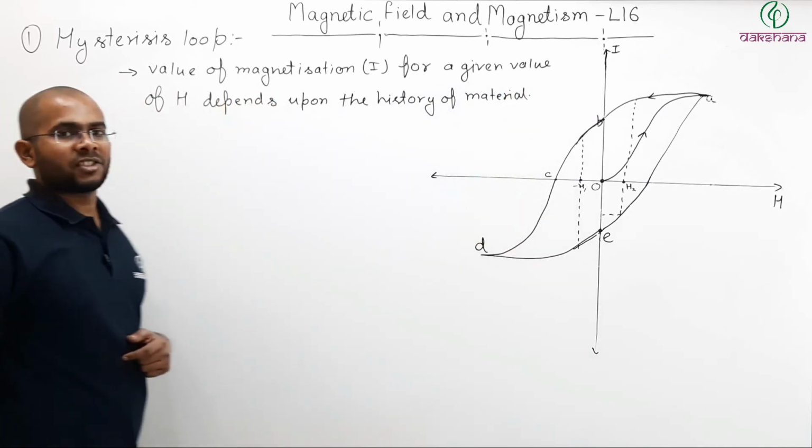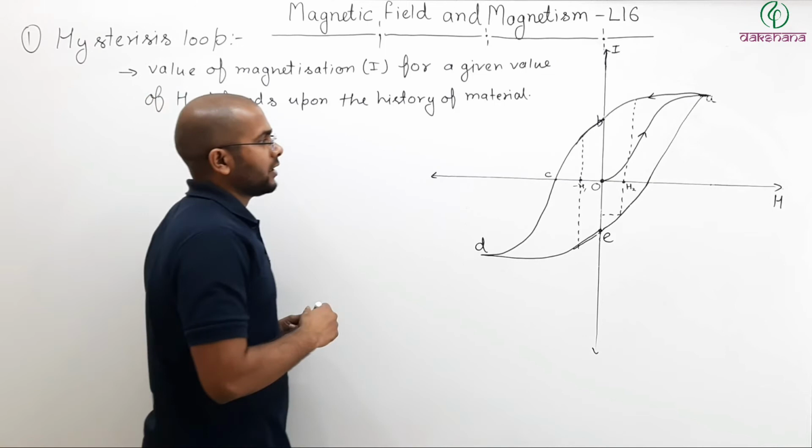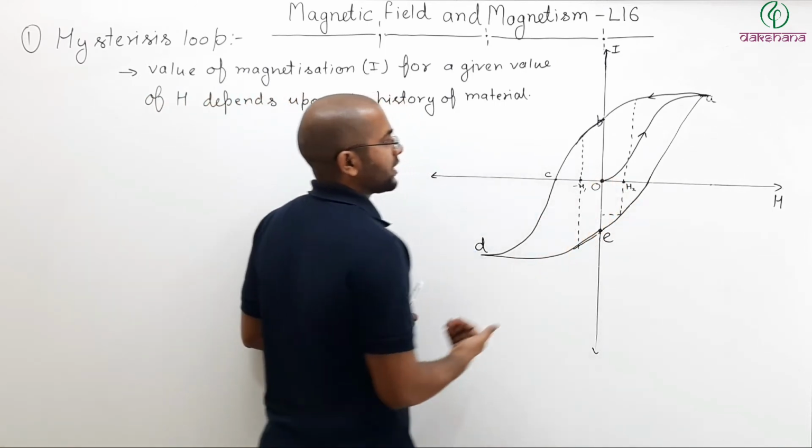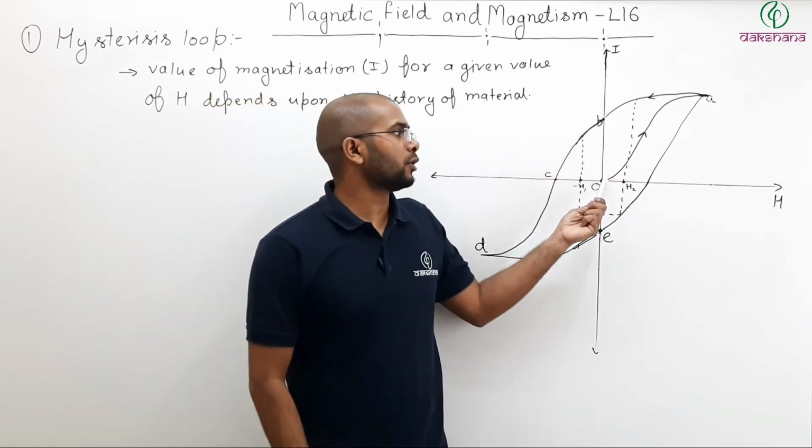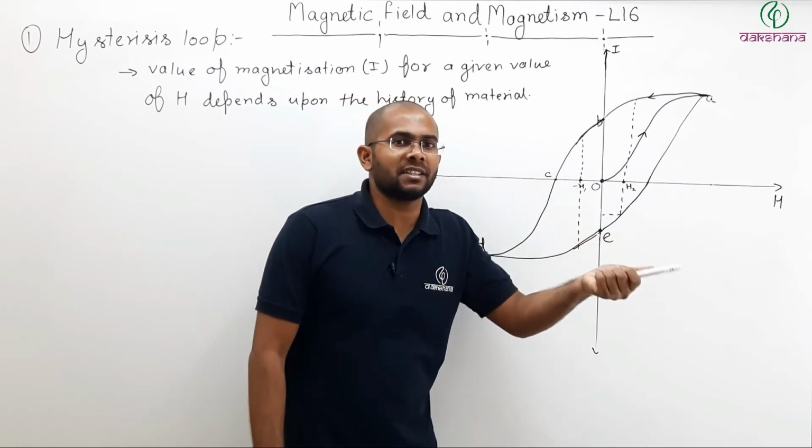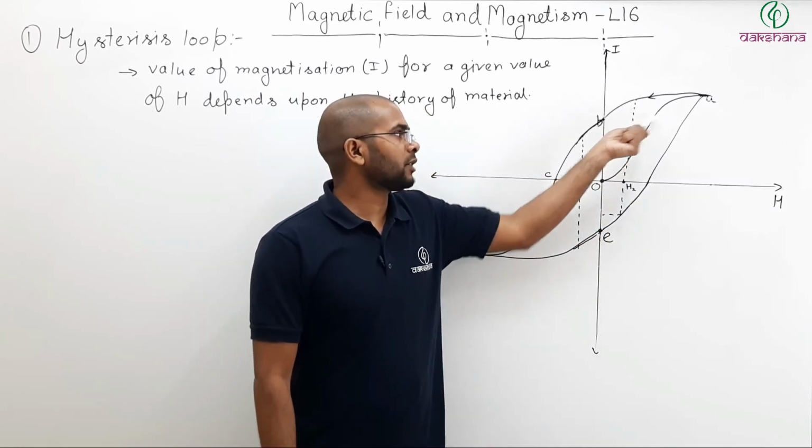So what do you mean by history of the material? If initially it was demagnetized, initially magnetization was zero, and now you are trying to magnetize it, then from this curve you can know.